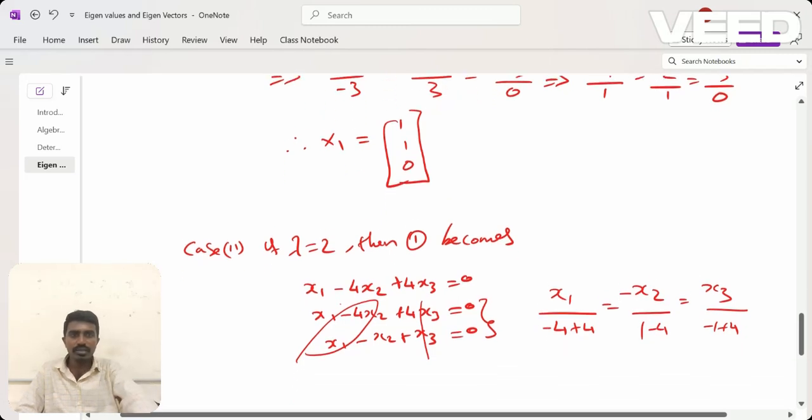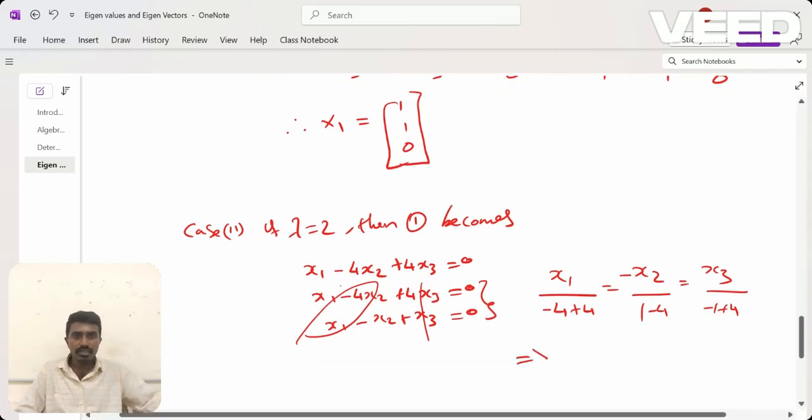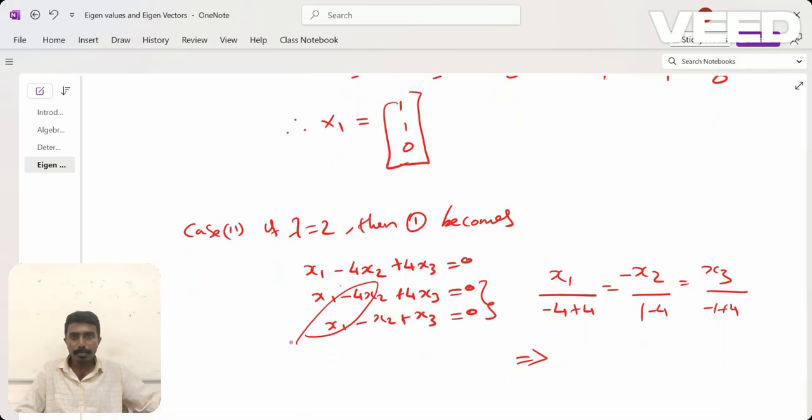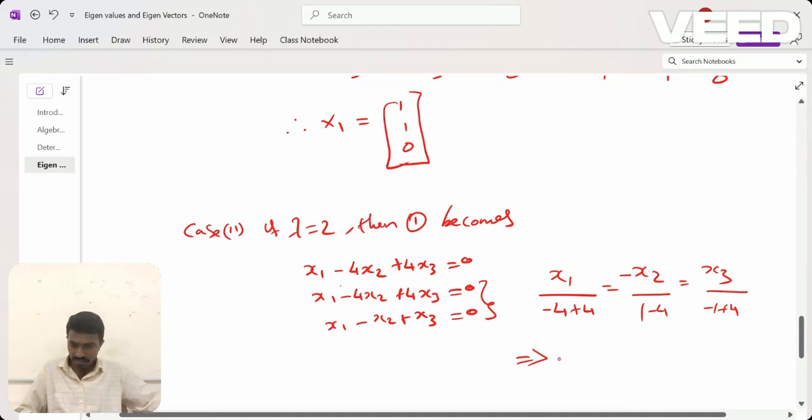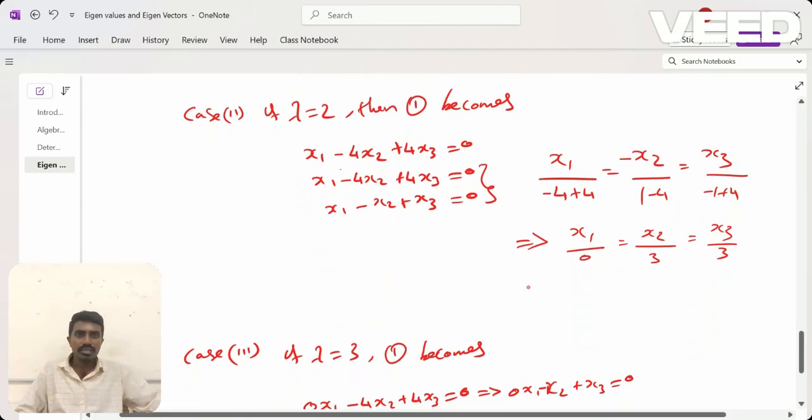If you simplify, this implies x1 by 0, x2 by minus 3, minus minus gets cancelled, so plus 3, equal to x3 by 3. Now if you multiply by 3, then x2 equal to 0 1 1 is the next eigenvector.